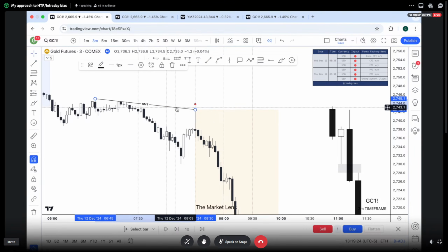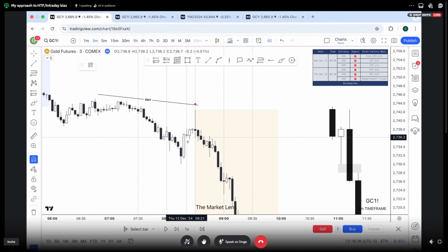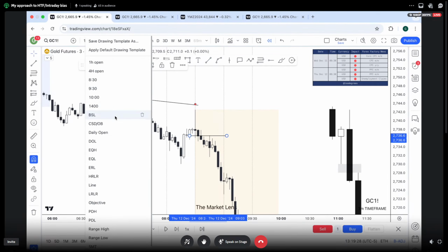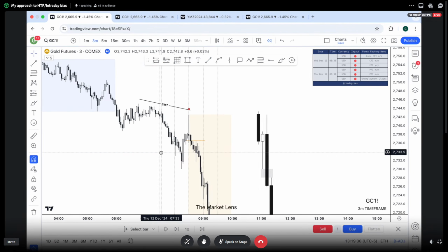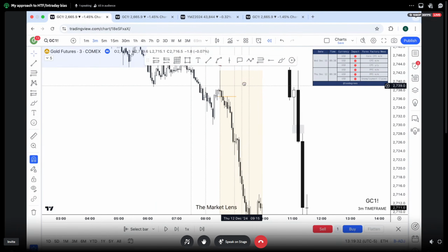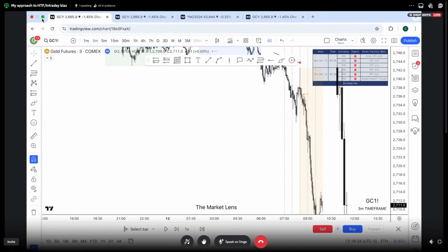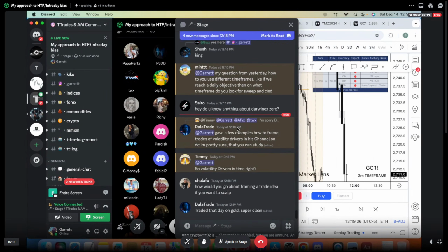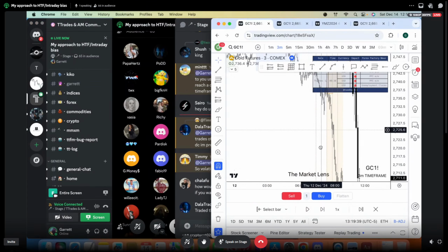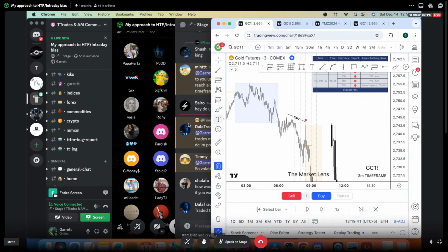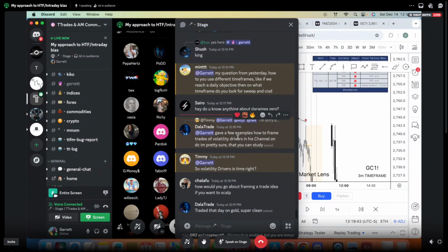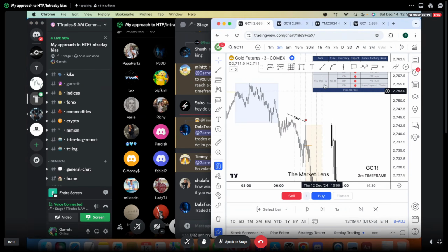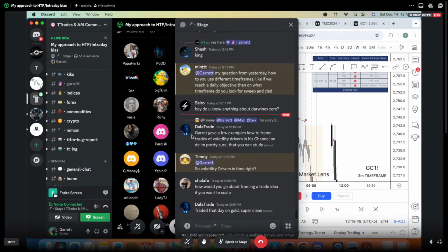So when it does that and creates S&P and closes over this opposing candle, that was my entry for this day. I'm basically using the volatility driver as a continuation. Does that make sense? And the fact that it didn't actually reverse price and go up, that's my actual continuation.